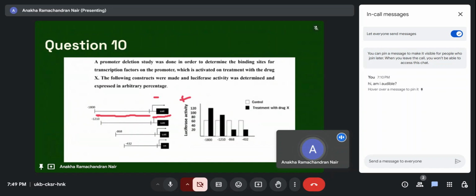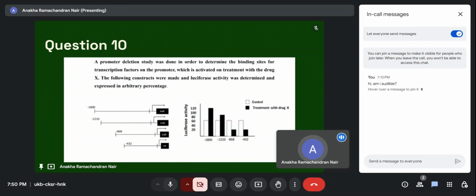In the second case, you have 1010 bases upstream, then 868 upstream, and 432 upstream, like you can see in these four cases. In each case, you're removing a certain part of the DNA. If this is what you started with, you remove some DNA to get to here, then more to get to here, then more to get to here, and you're trying to find out where the promoter region is, right?